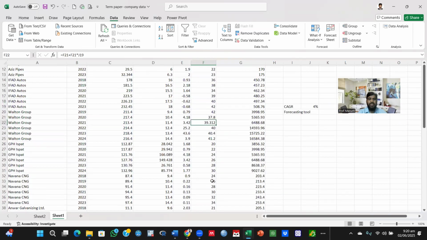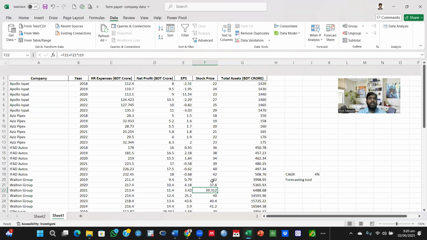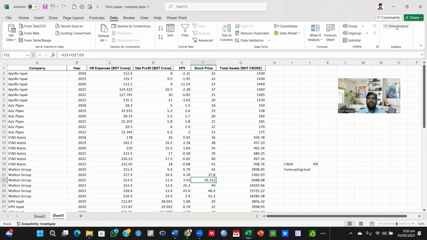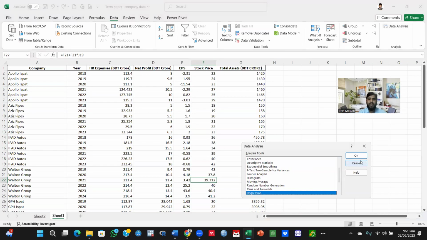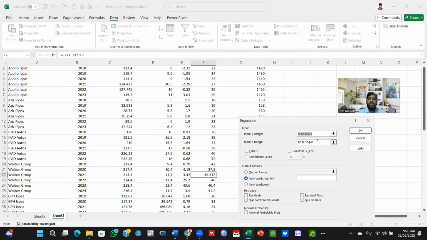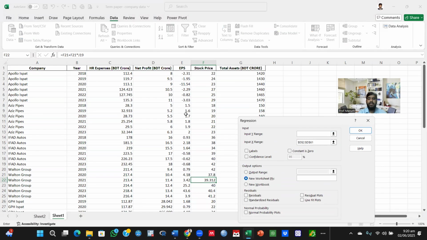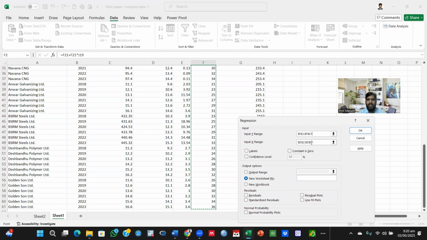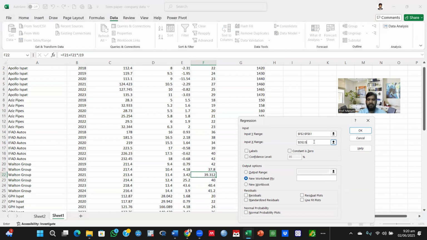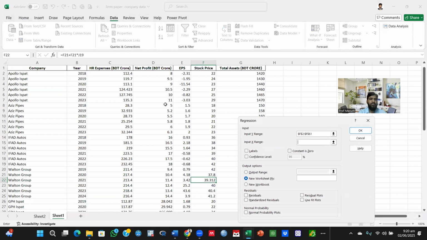So once you have got the data, then you can run the regression now. Once again, go to regression. You choose your dependent variable. Your dependent variable is the stock price. And what is your independent variable?